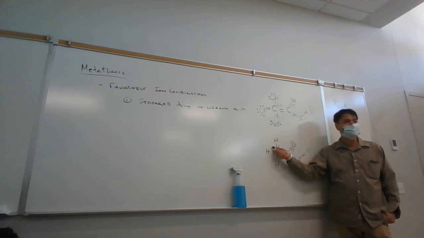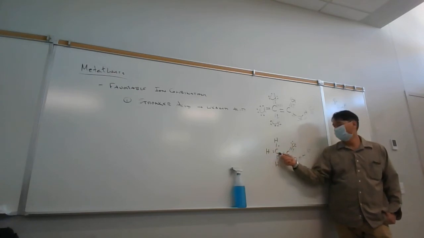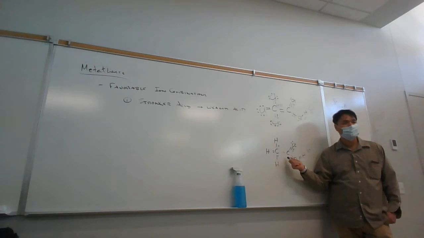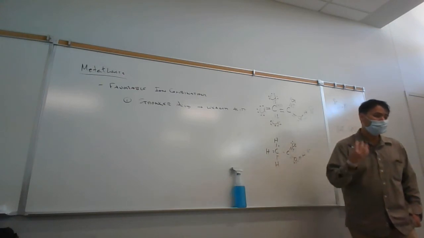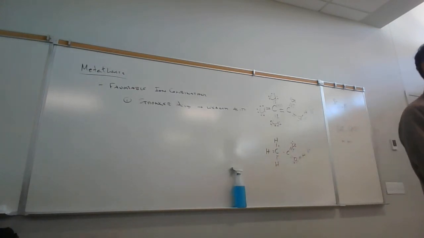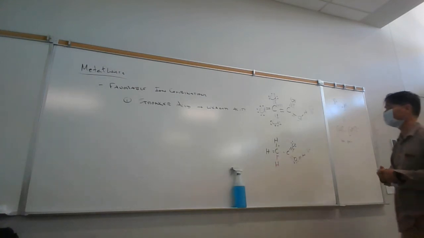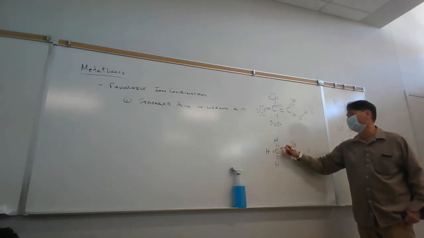So it takes all 6 of those electrons. Carbon versus carbon, it's a tie, so carbon only takes 1 of those. So 6 plus 1 gives us 7 electrons. This carbon ends up with 7 electrons. How many valence electrons did carbon contribute to the structure? 4. It ends up with 7. It's got how many extra electrons? 3. So 3 extra electrons gives it a charge of -3.